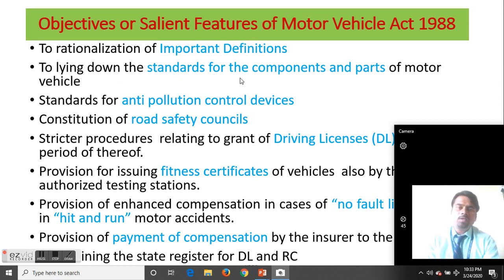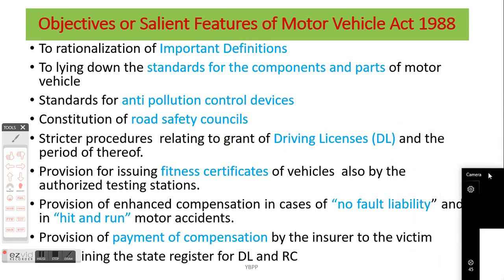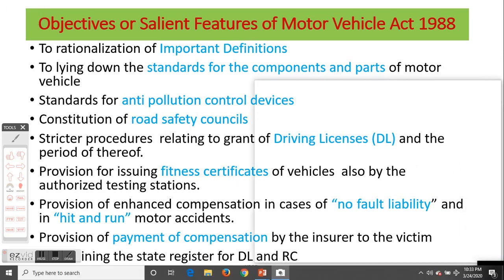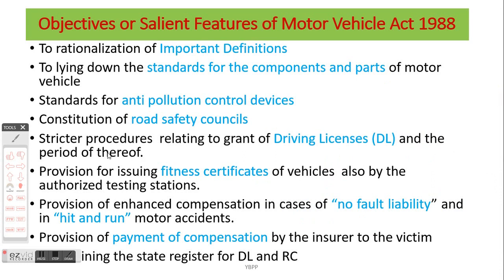Then second point, standards for the components and parts of motor vehicle. Okay, standards required for various parts and components of the motor vehicle is also given. Then standards for anti-pollution control devices is also given in this act. Then constitution of a road safety council, this provision is also given in the Motor Vehicle Act. Stricter procedure relating to the grant of driving license and the period thereof, means validity of the driving license, this point is also mentioned in this act.